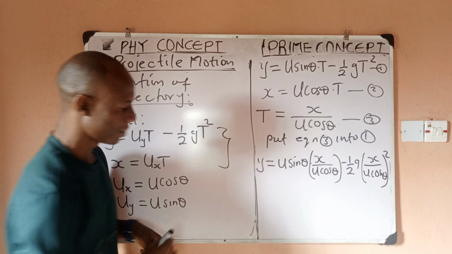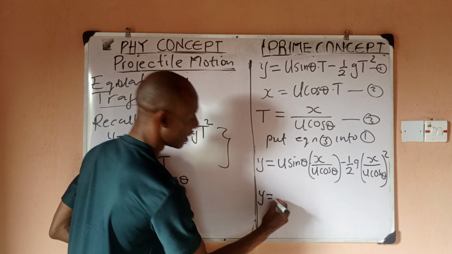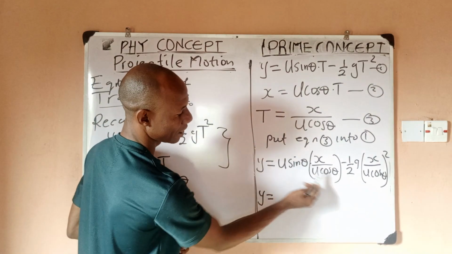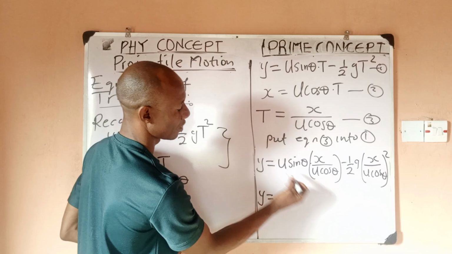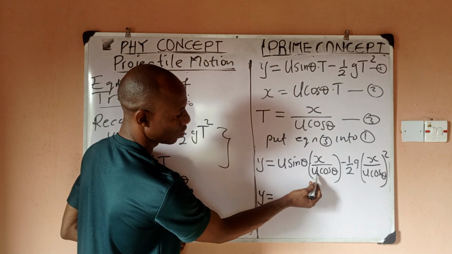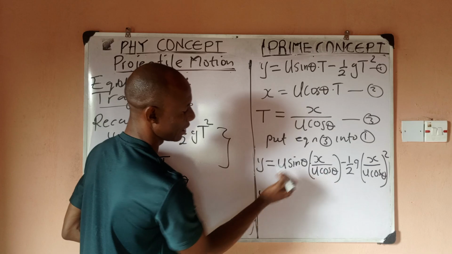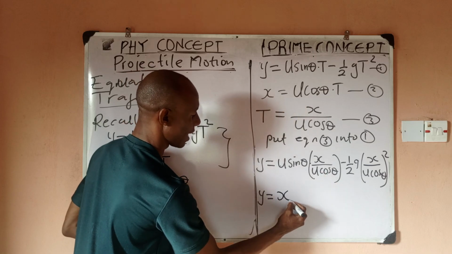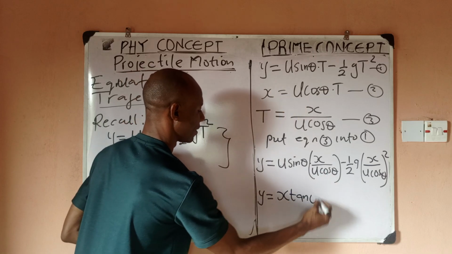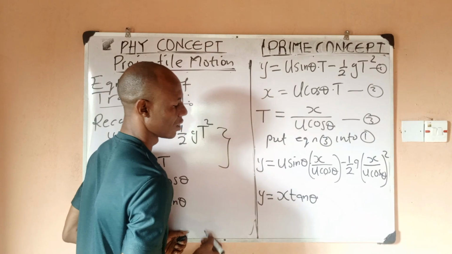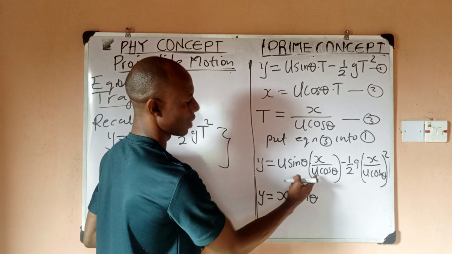So I can still simplify this by saying that y is equal to, remember, sine over cos is tan. Of course, u would cancel u. So I'll be left with x tan theta, because sine over cos is tan, where u would fizzle out u.